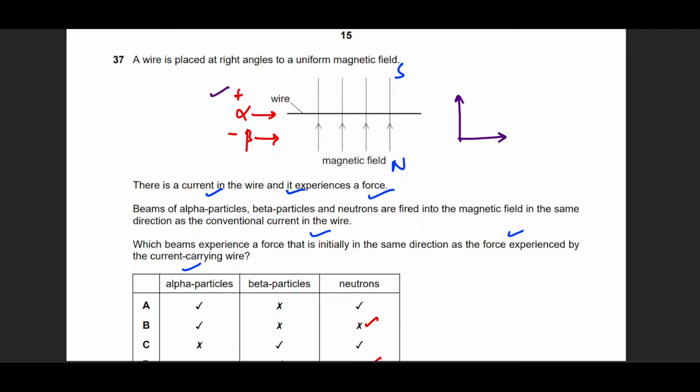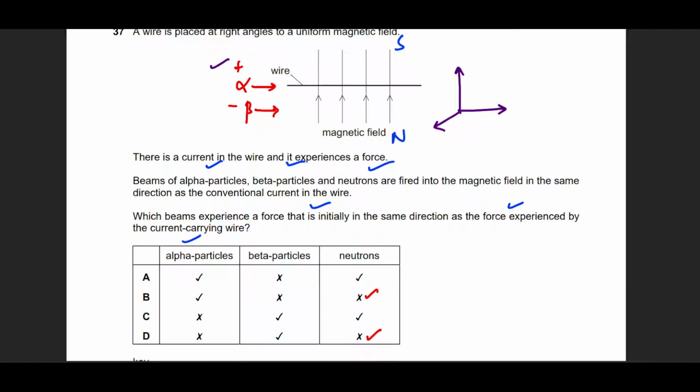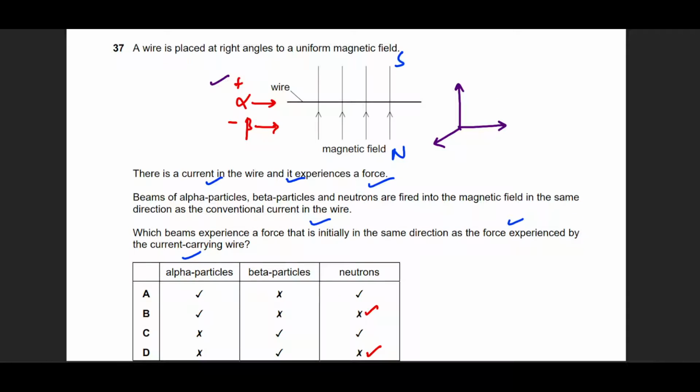And if I take the direction of the thumb to be in this direction, the thumb would be in the outwards direction, right? And if we look at the beta particle, then beta would be experiencing a force in the inward direction. So beta is inwards and alpha is outwards.